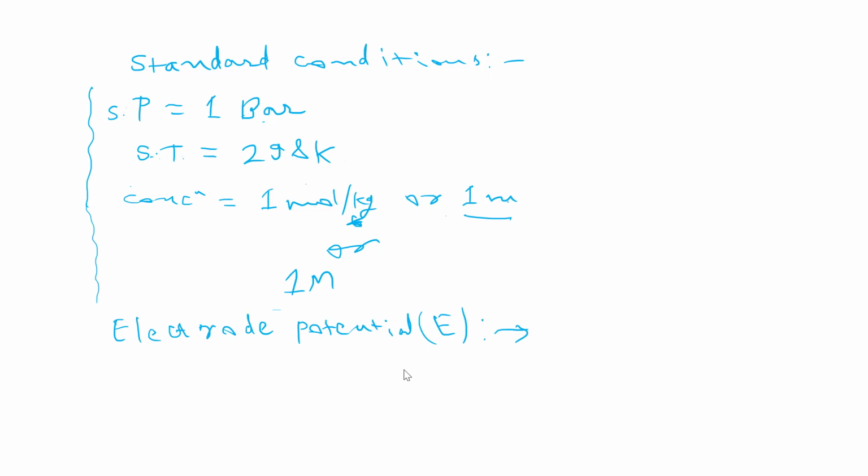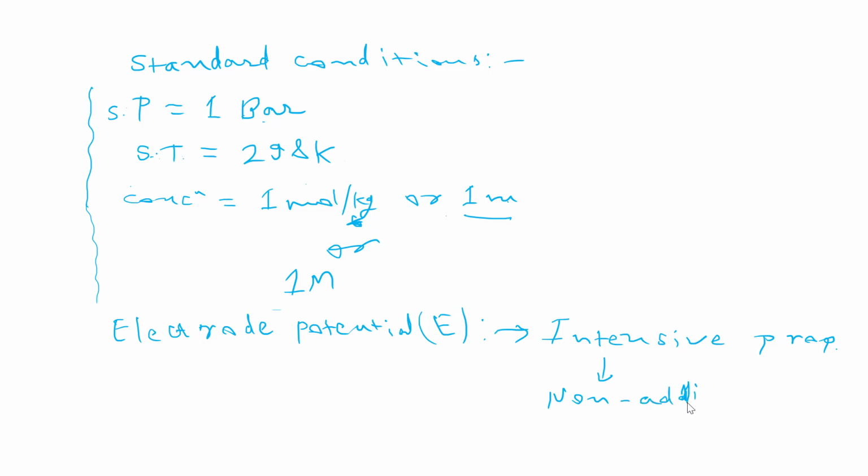It is additive? No, it is not additive actually. It is an intensive property. Do remember. If you don't know, it is an intensive property. And when it is an intensive property, it is non-additive in nature.